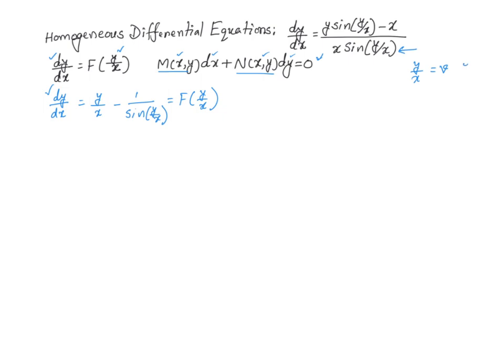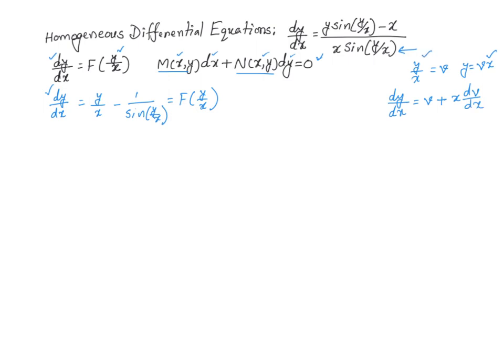So that gives me y is equal to v times x, then the derivative of y with respect to x, using the product rule, is v times the derivative of x with respect to x, which is 1, plus x times the derivative of v with respect to x.